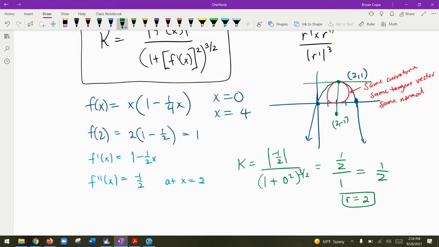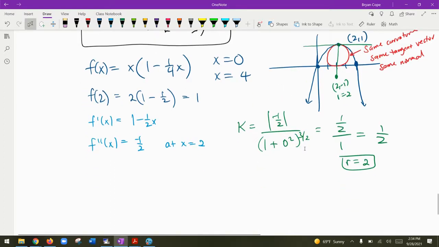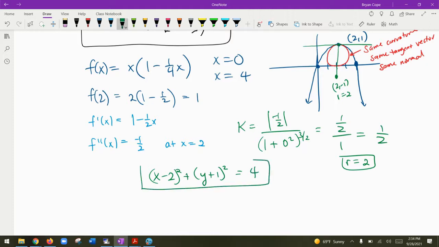So this should be a circle centered at 2, negative 1 with a radius of 2. Let's build it and then we'll look at the picture. So (x minus 2) squared plus (y plus 1) squared equals 4. That's the circle of curvature, or the osculating circle at that point.